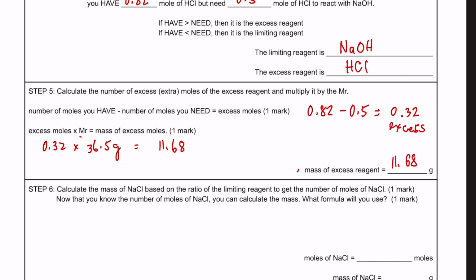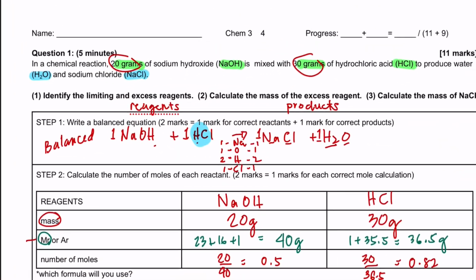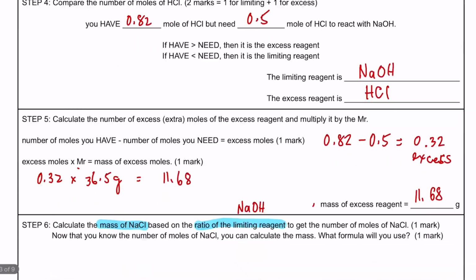Lastly, calculate the mass of sodium chloride based on the ratio of the limiting reagent. So we need to use the ratio of sodium hydroxide because that's the limiting reagent. So let's calculate for the moles. We know, over here, that all of them have only a coefficient of 1, so it's a 1:1 ratio.